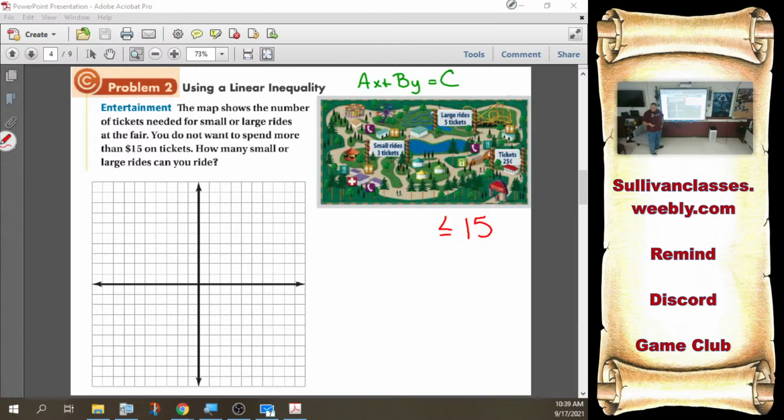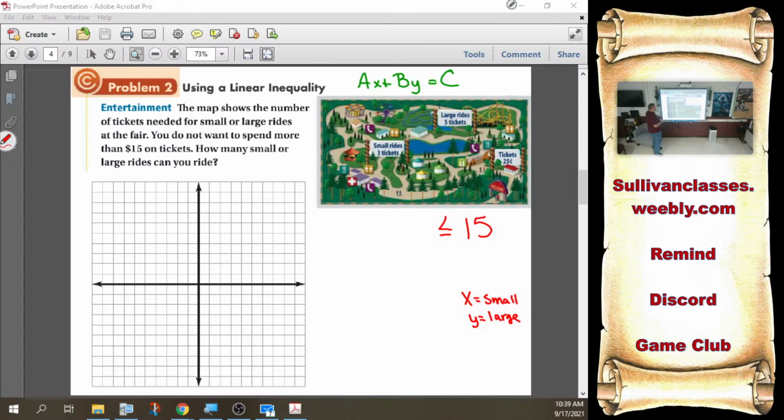I should probably define what I want them to be. What are the 2 different kinds of things we're talking about in this problem? Large rides and small rides. So maybe we'll say x is my small rides and y is my large rides. And I will label it so I know what's what when I go to make my graph.